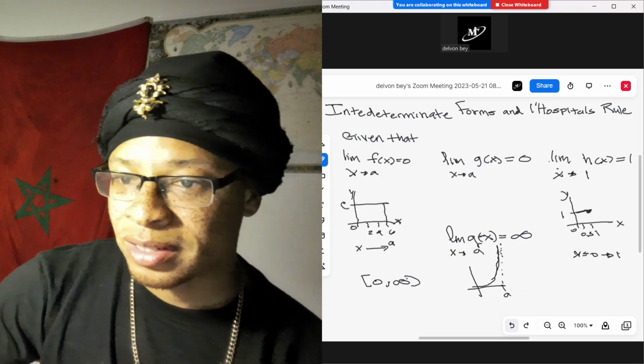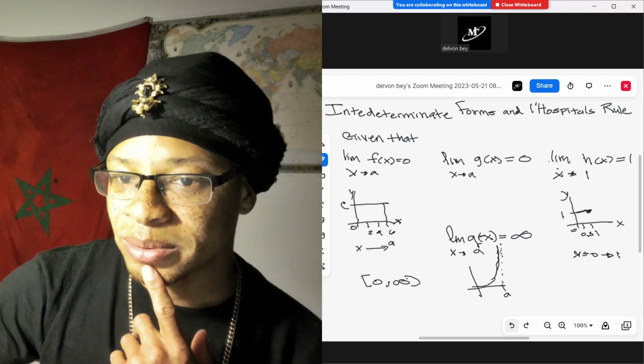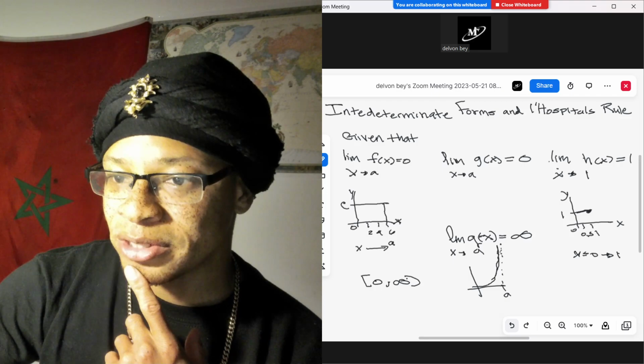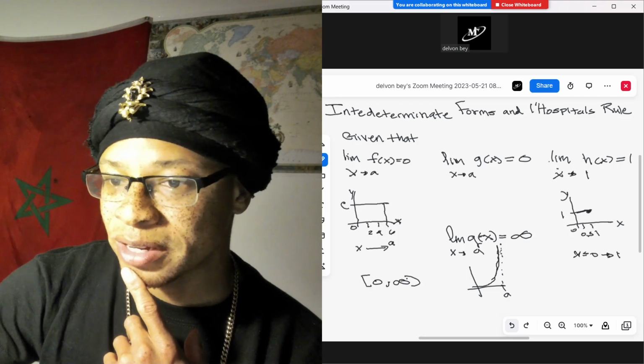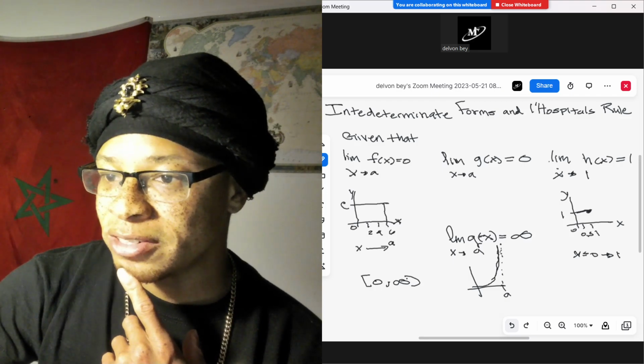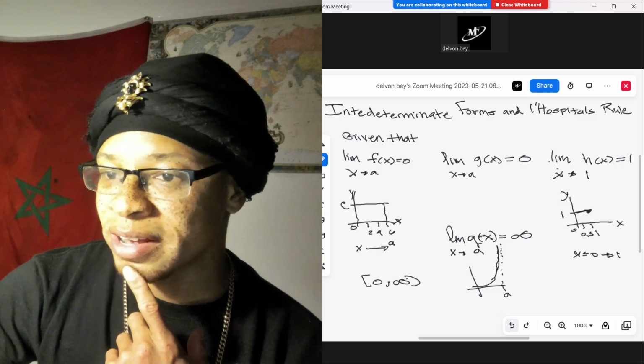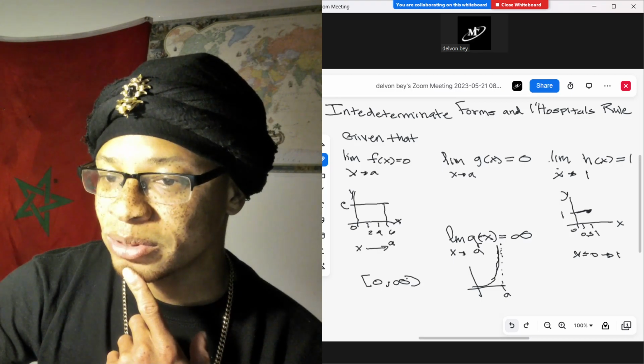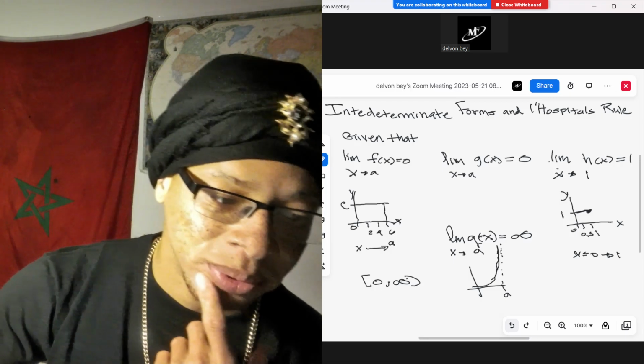So given these, you've got f of x equals 0 as x approaches a, the limit of g of x equals 0 as x approaches a, the limit of h of x equals 1 as x approaches 1, and the limit of q of x equals infinity as x approaches a.